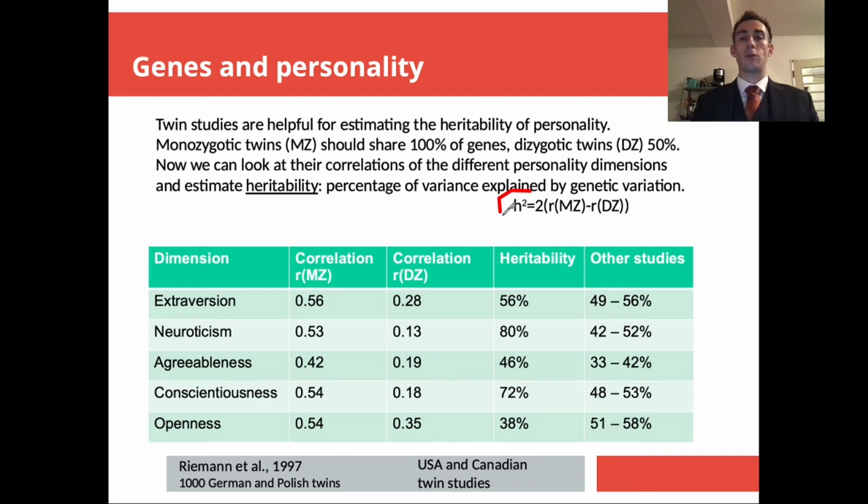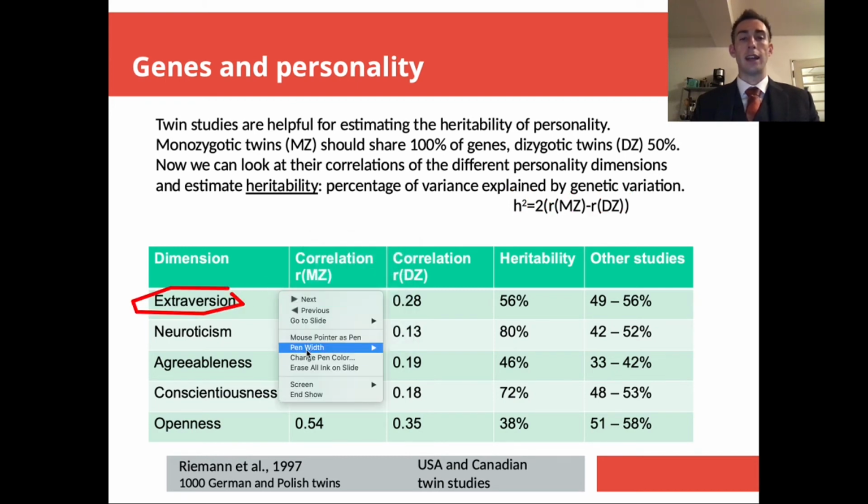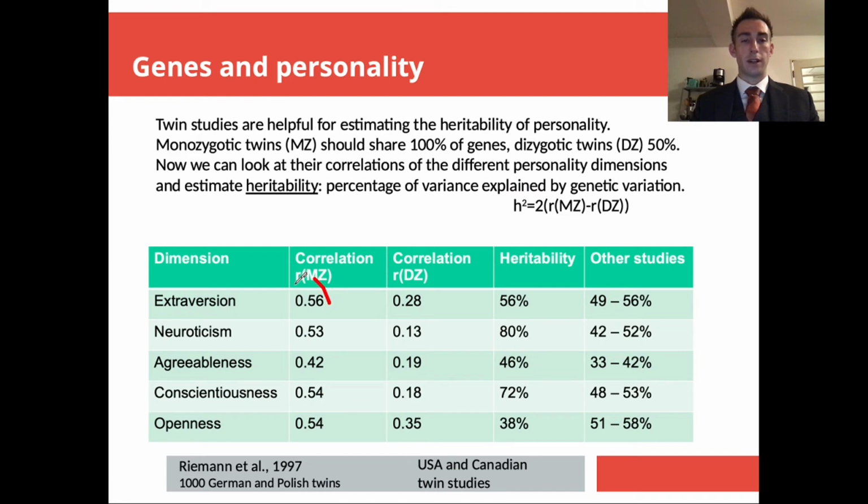Remember the H-squared index is 2 times the correlation. R here, remember, is the correlation between monozygotic twins for that specific thing, for example extroversion, minus the correlation of dizygotic twins for that same specific trait, for example extroversion.